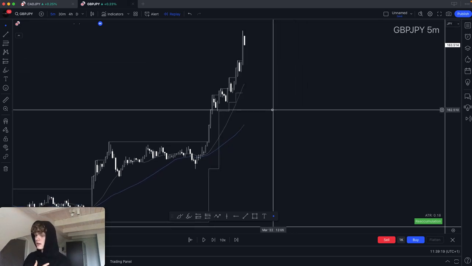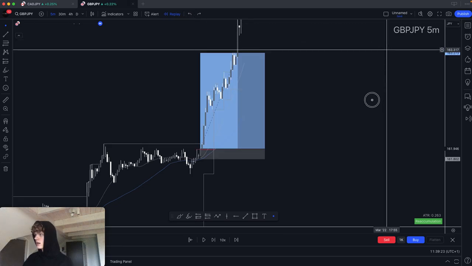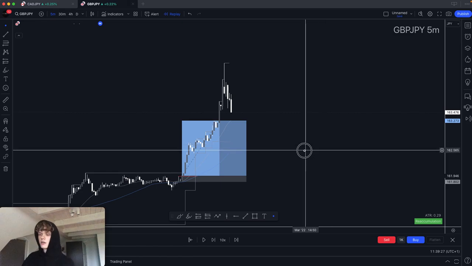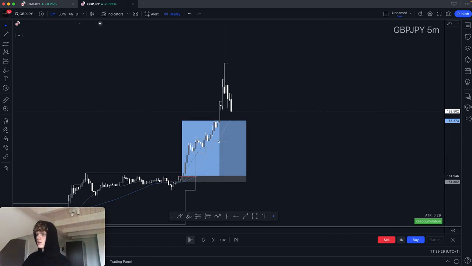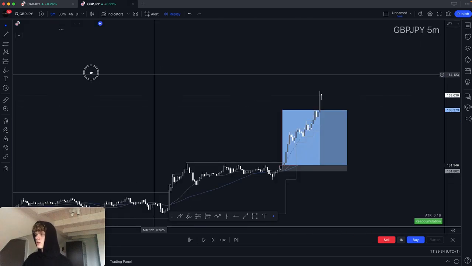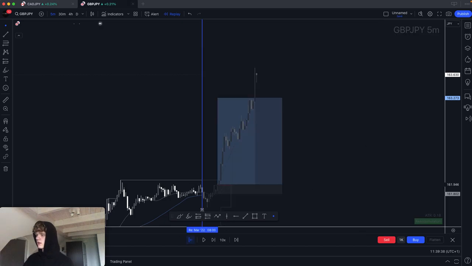But bro, this trade ran, holy fuck. If I personally get to, we can actually manage this one just for video purposes, so that you or my future self sees how I'm going to manage trades if they run.